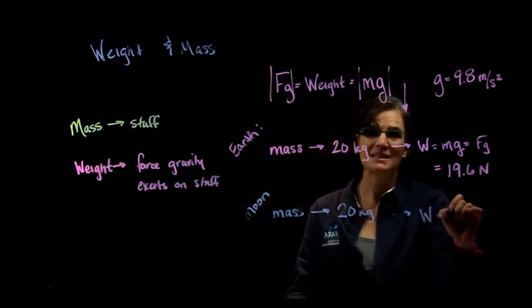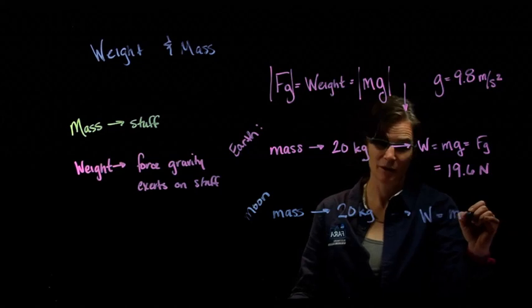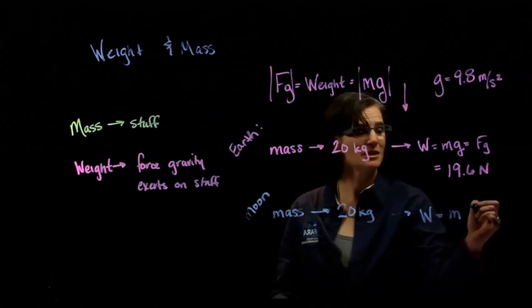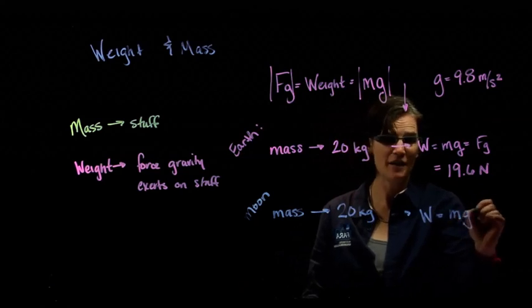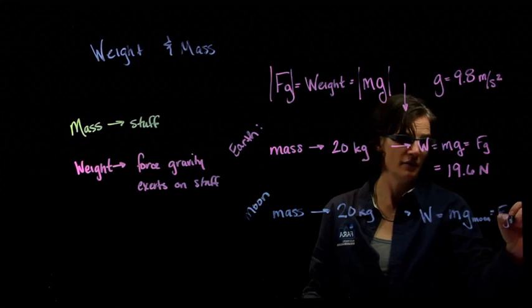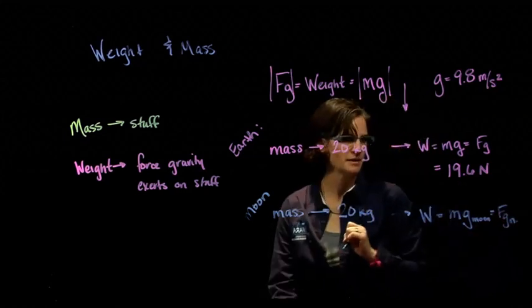Well, the weight is mass times the acceleration due to gravity of the planet that the object is on. So in this case, it's the gravity of the moon. That's the force of gravity of the moon on that object.